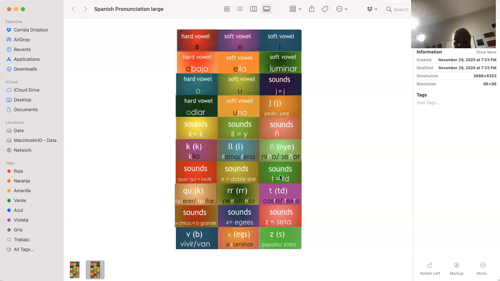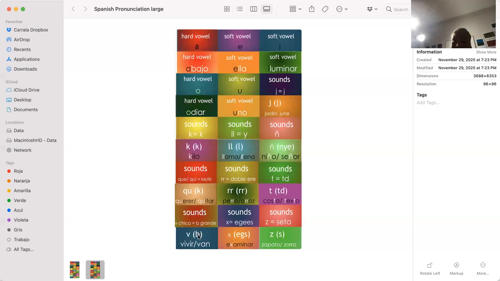Then you have the B chica. The B chica basically means the small b. It's written like a V, and it's smaller than the B. The pronunciation is the same as the B, but to distinguish it, this is called, I don't have it on here, bay, there it is, right here.